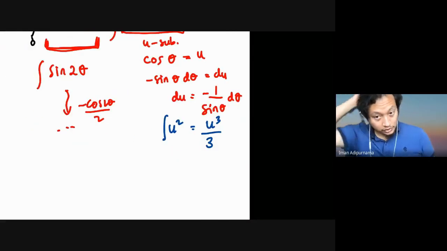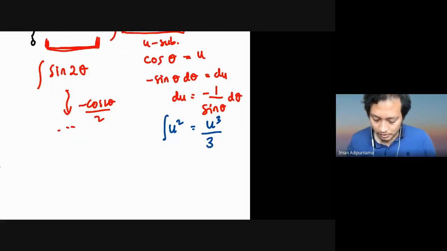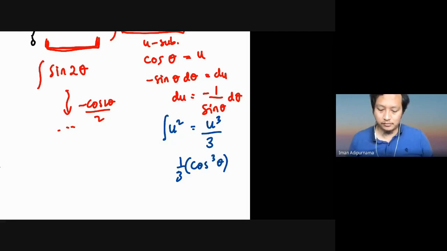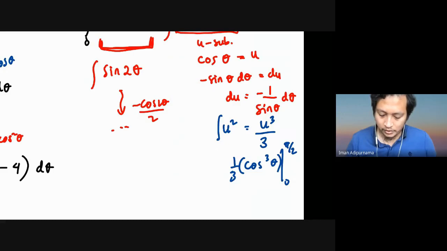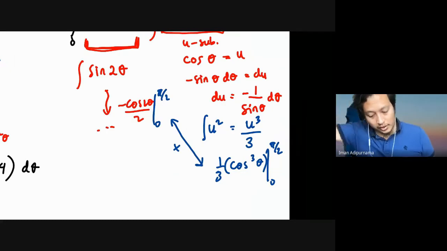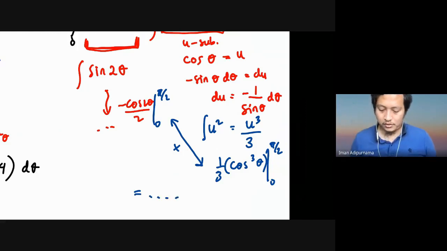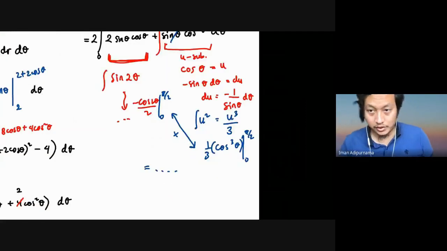And u cubed over 3 is basically 1/3 of cos cubed theta. And then you can plug in the values, and then you add this, and you get the solutions. Okay, I will leave the solutions to you. You can solve this until finish.